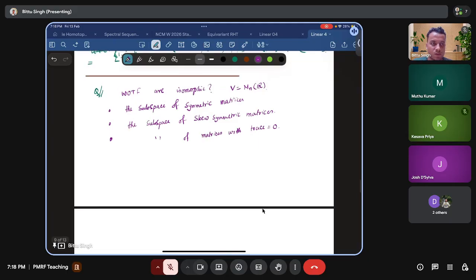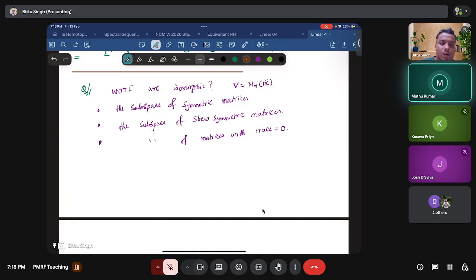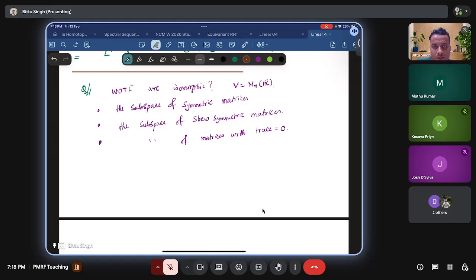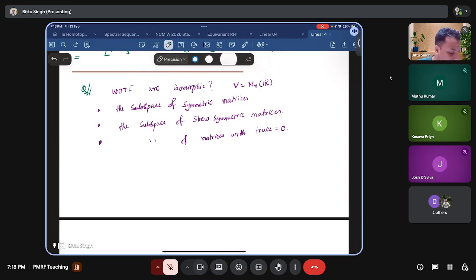So let me reduce the problem. Instead of n by n matrices, the first one is of rank n into n plus 1 by 2, and the second one is of rank n into n minus 1 by 2. Yes, what he is suggesting is correct. You can see that the dimension of symmetric matrices and the dimension of skew symmetric matrices are not the same. Why are those two not the same? Let us simplify this problem.